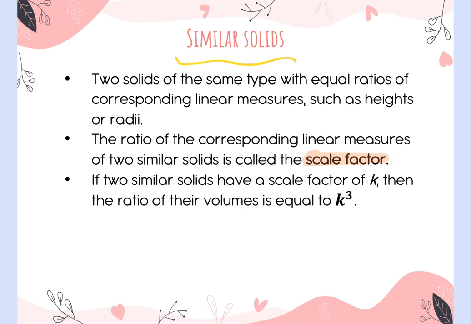If two similar solids have a scale factor of k, then the ratio of their volumes is equal to k cubed. So if you go back to scale factor, let's say our scale factor is A to B, and I wanted to find the ratio of their areas. Do you remember how to find that? What'd you do to the scale factor to find the ratio of their areas?